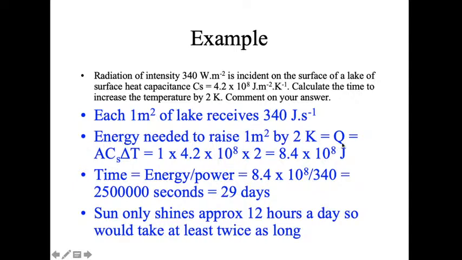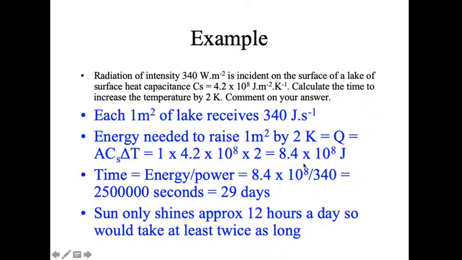The energy needed to raise 1 meter squared, so this unit area that we're looking at, by 2 degrees, right? So energy is Q, which is equal to area, surface capacitance, change of temperature. So unit area, we're using 1 for our 1 meter squared of lake, times 4.2 times 10 to the 8, which is our CS, surface capacitance, times 2 degrees Celsius.